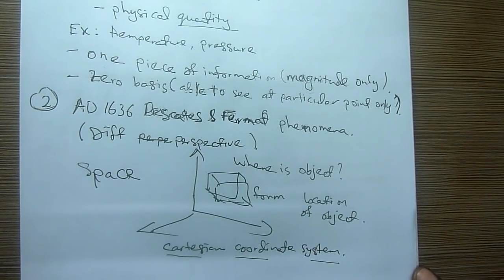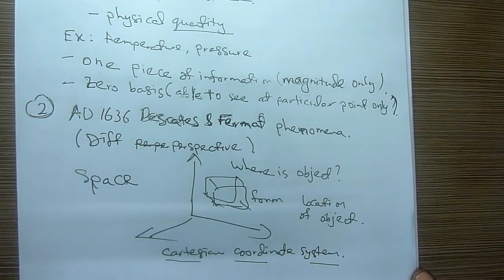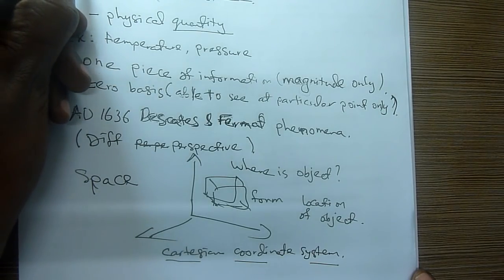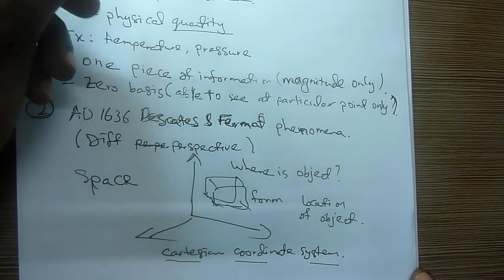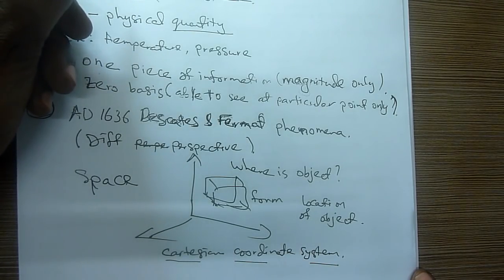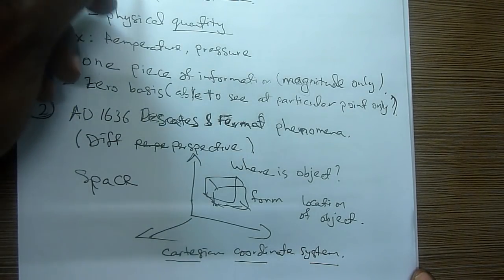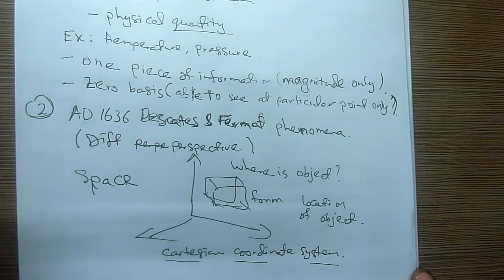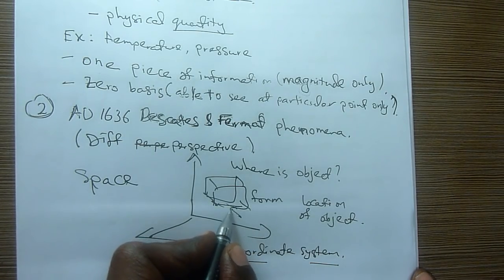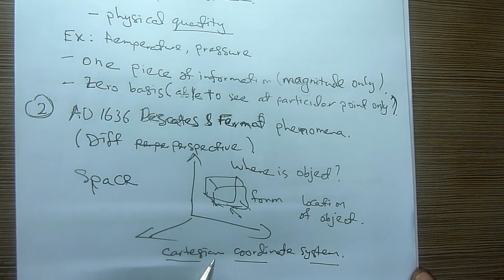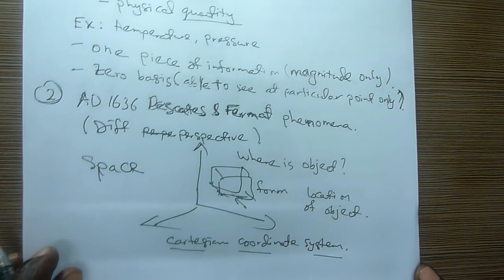Now we look not only at the object itself, the scalar detail or the magnitude of the object, but we are also able to see some detail about its location.